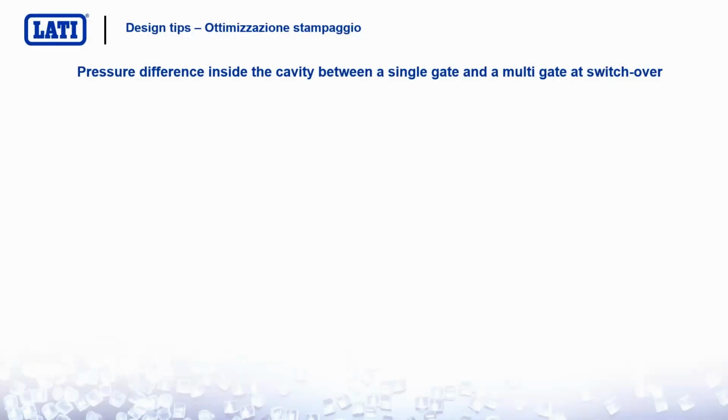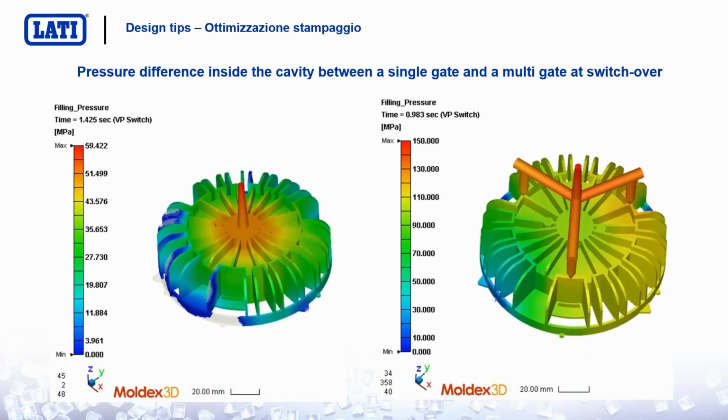Then another difference is pressure inside the cavity. Here is reported as example the same component of the previous slide, injected with the same system, single gate and multi-gate, and as we can see here, we have a quite significant difference of pressure inside the cavity at the switchover time.